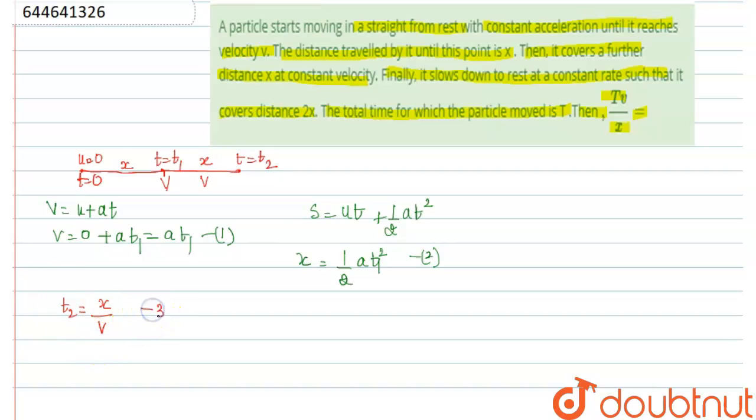This is equation 3. Now, according to the question, it slows down to rest at a constant rate such that it covers a distance 2x.